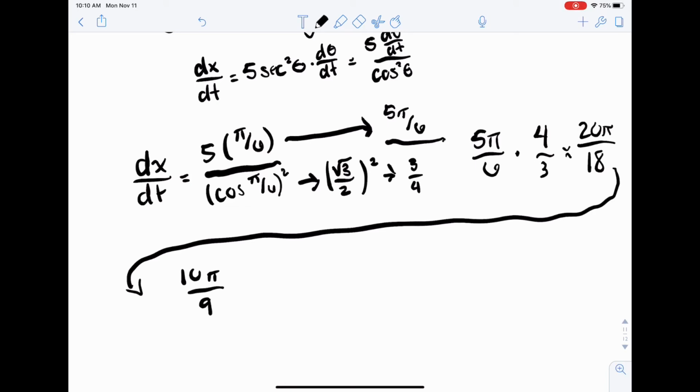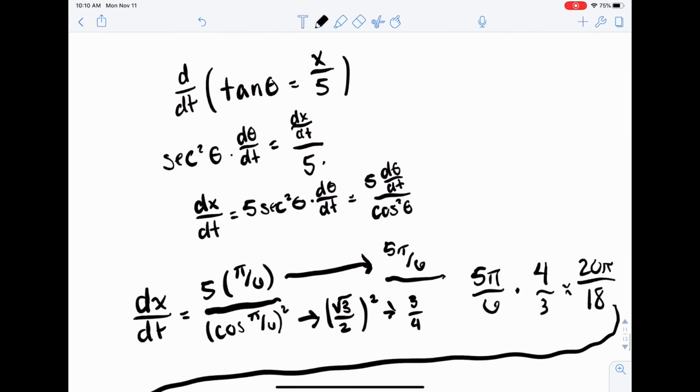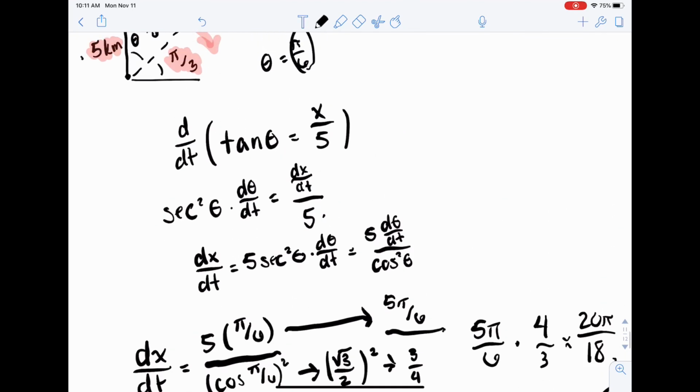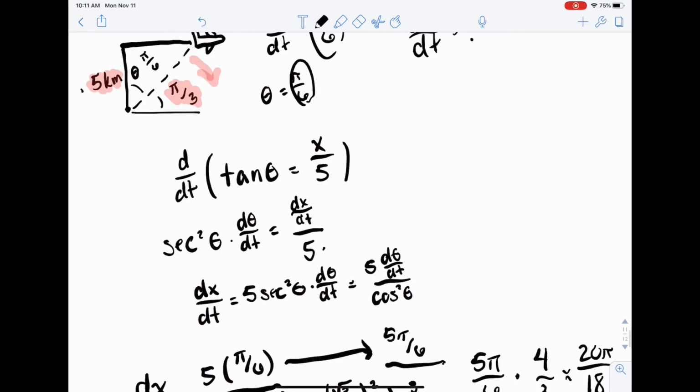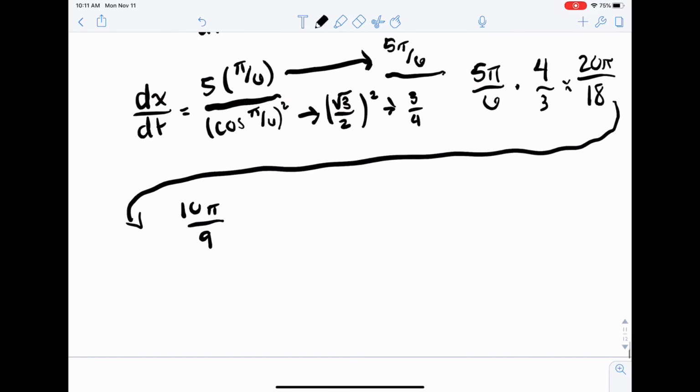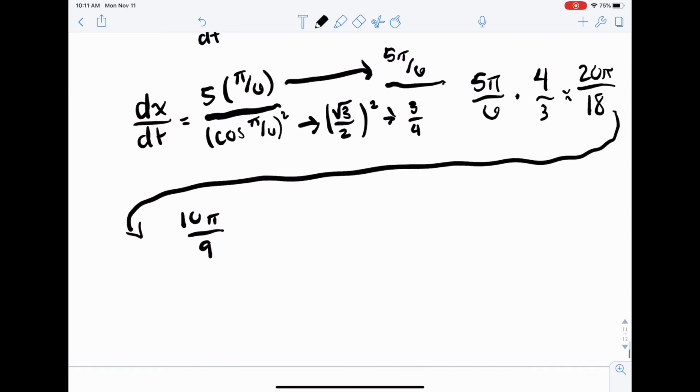So our speed is 10 pi over 9, but we can't forget our units. So we are finding distance divided by time. So our distance unit is kilometers, and our time unit is minutes. So since it's distance divided by time, it will be kilometers, our distance unit, divided by minutes, our time unit.